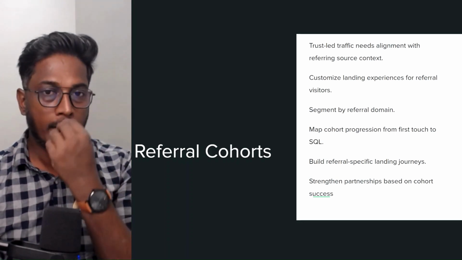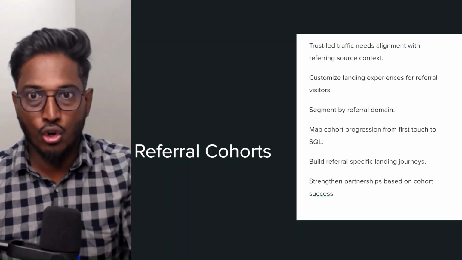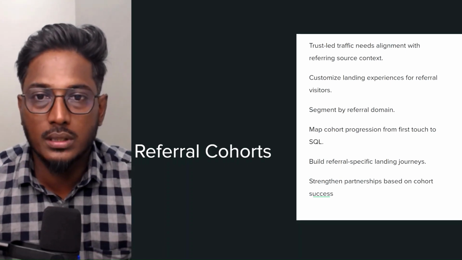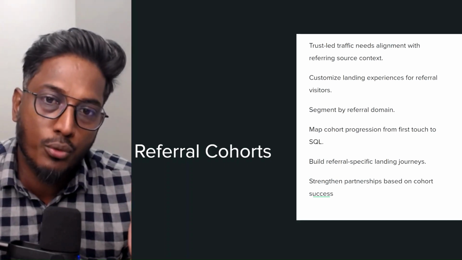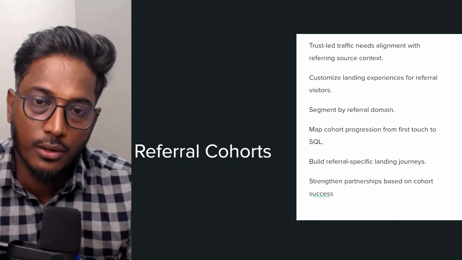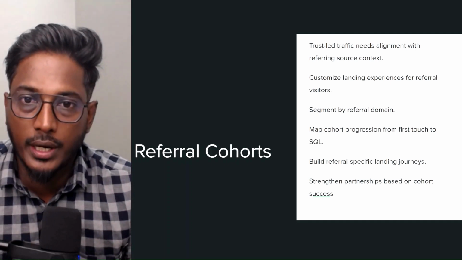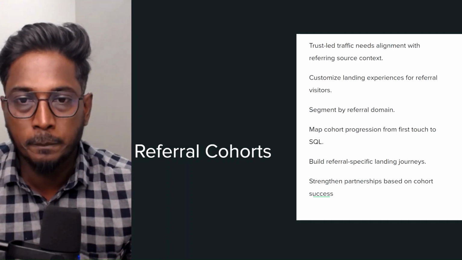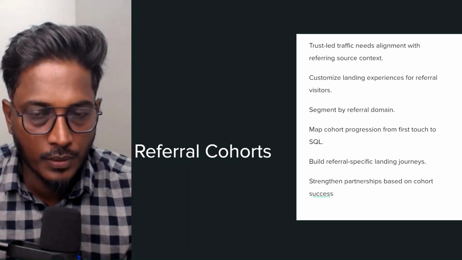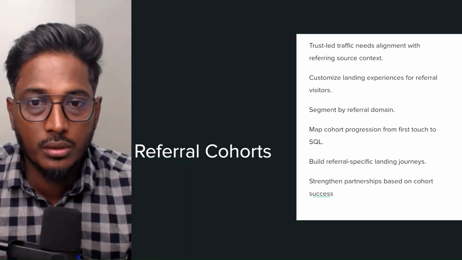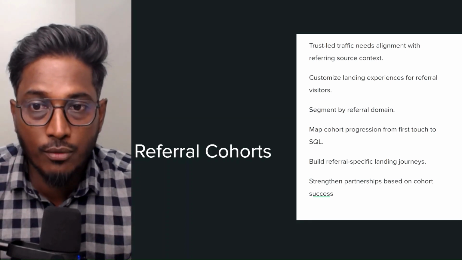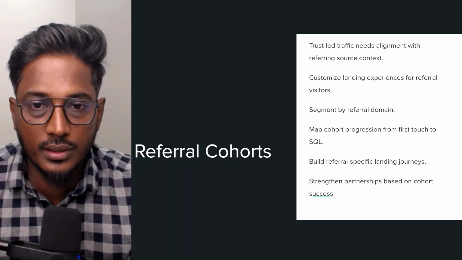So let's take a look at what all the types of referral cohorts are, to find visitors from partner sites. For instance, you have strategically created a co-marketing campaign at different partner sites. You can have a cohort specially created for those partner sites. You can have visitors from different product review platforms, visitors from media mentions, visitors from customer advocacy, or guest content, in fact.